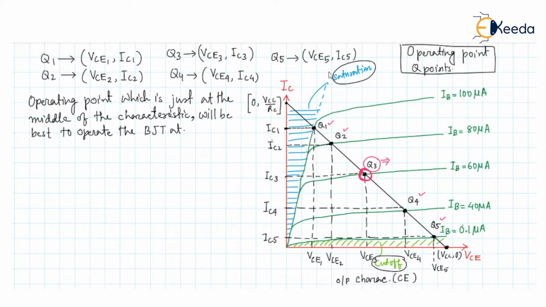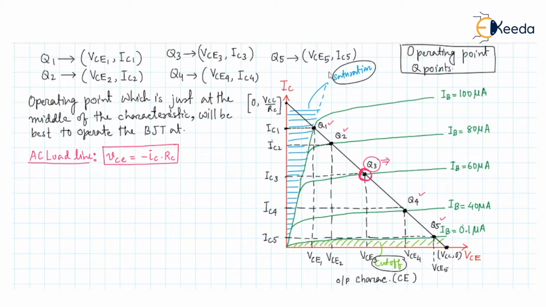Now we have seen the DC load line. Let us see what the AC load line is. The AC load line equation looks like this. It will be VCE equals minus IC into RC. So this is the AC load line equation of the transistor.